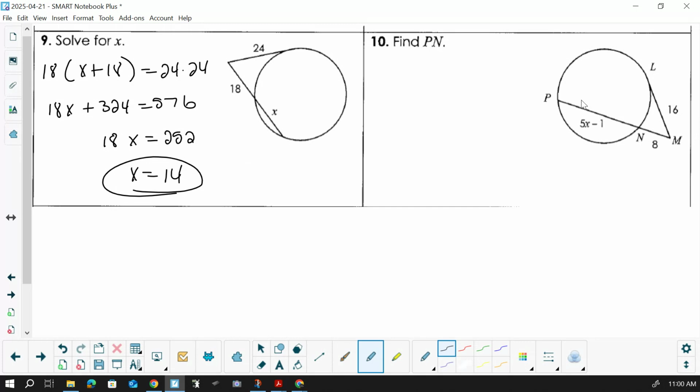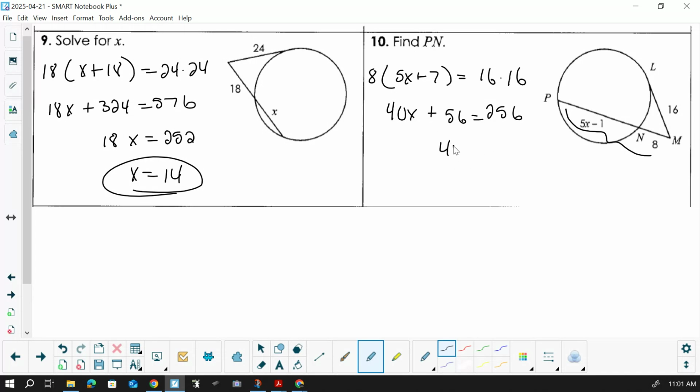Okay. This whole thing, 5x minus 1 plus the 8 would be 5x plus 7. So 8 times 5x plus 7 equals 16 times 16. And let's see here. So 8 times, that would be 40x plus 56. 16 times 16, 256.